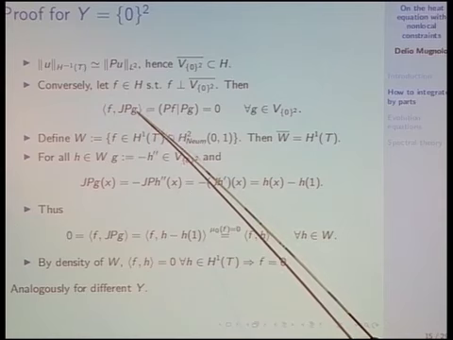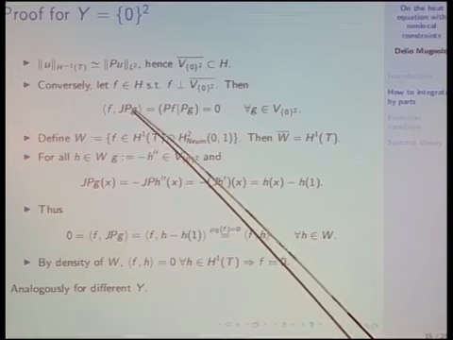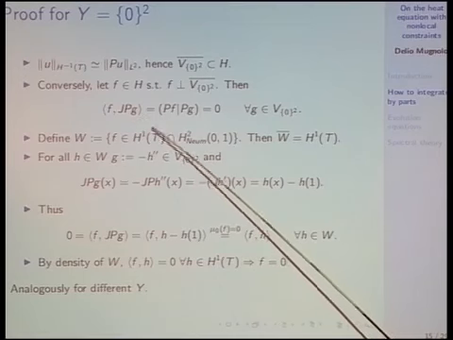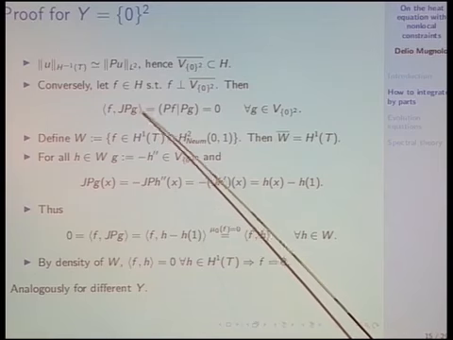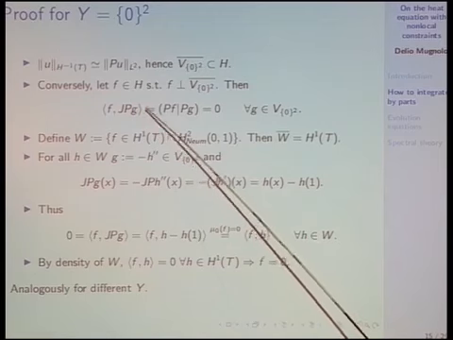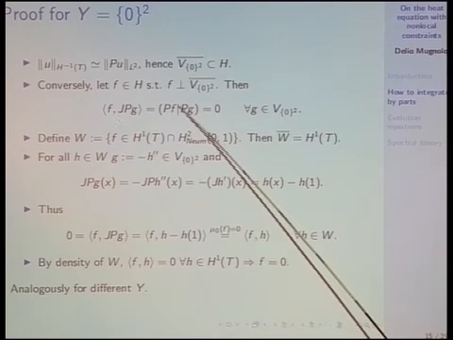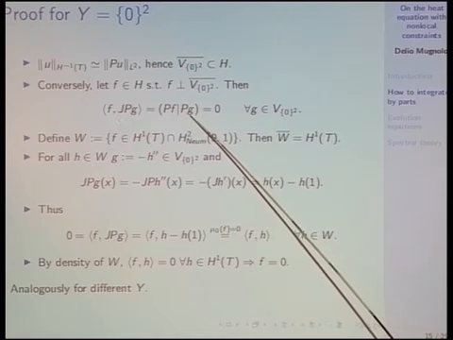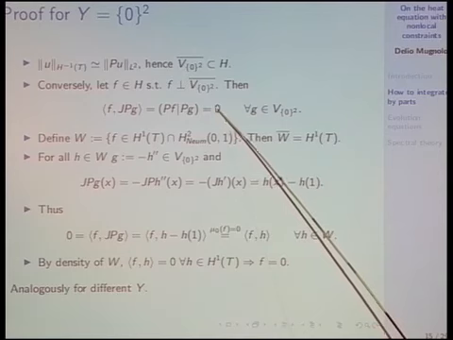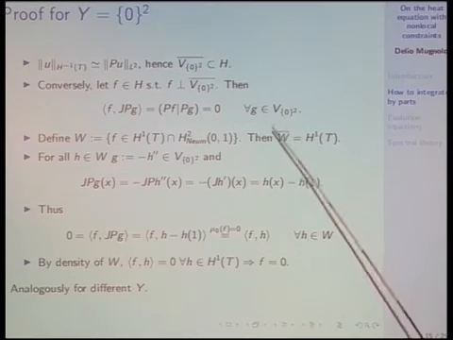This is something like the second primitive of G. So at the end, you will want to differentiate this. Okay, if you have this, then you can rewrite this by duality like this, and then you are assuming that this scalar product is equal to 0 for all G in this space.